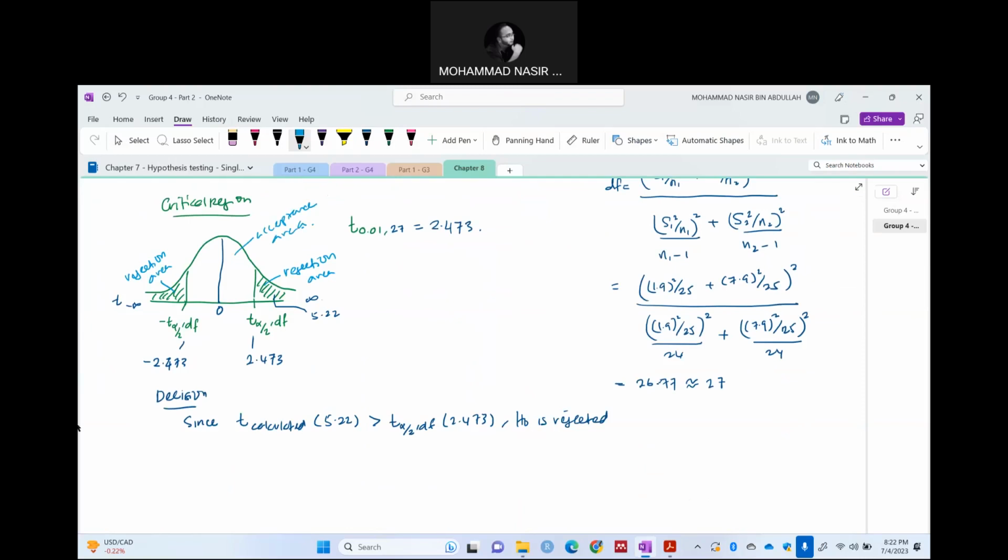Okay? Can you follow? So what is our conclusion? Since we accept the alternative hypothesis, it means that mu1 is not equal to mu2. So we have enough evidence to support that mu1 is not equal to mu2.